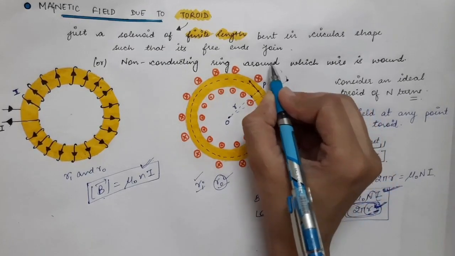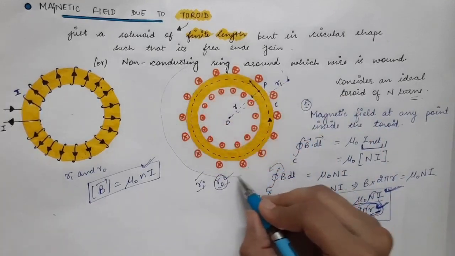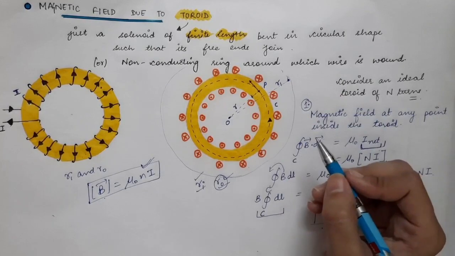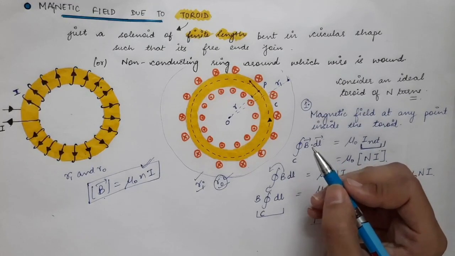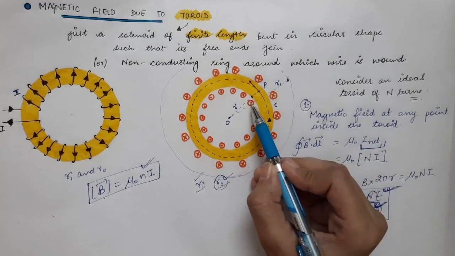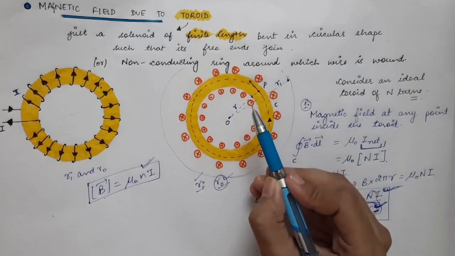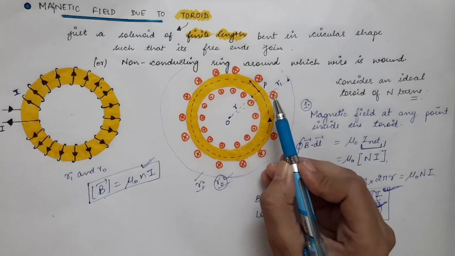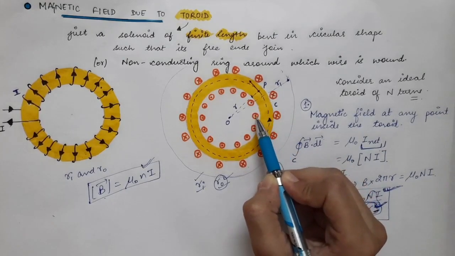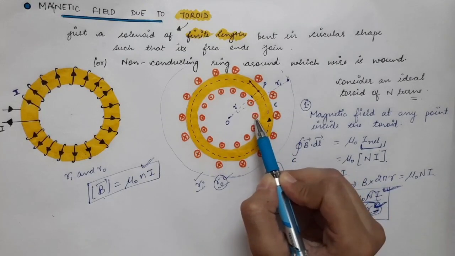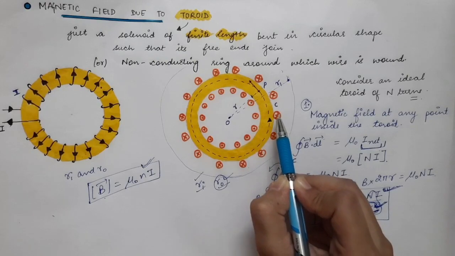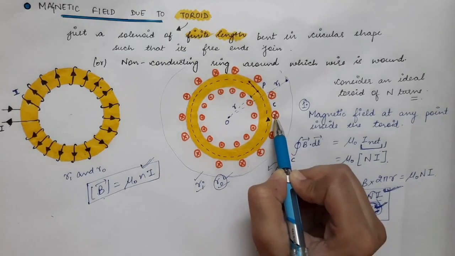So for this circular path which you are going to draw, what will be the net amount of current? Net amount of current will be equal to 0, because you can see that if the current is directed towards you, then the same current is directed away from you at this point. And similarly for this turn of the toroid, if the current is directed towards you, then the same amount of current is directed away from you.